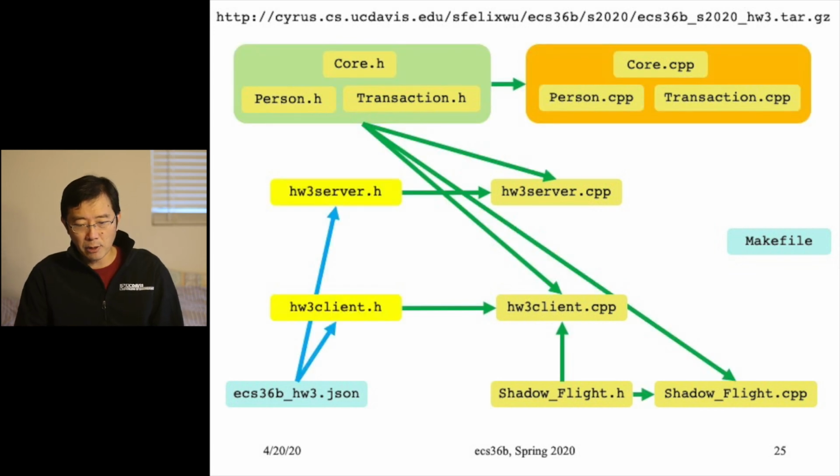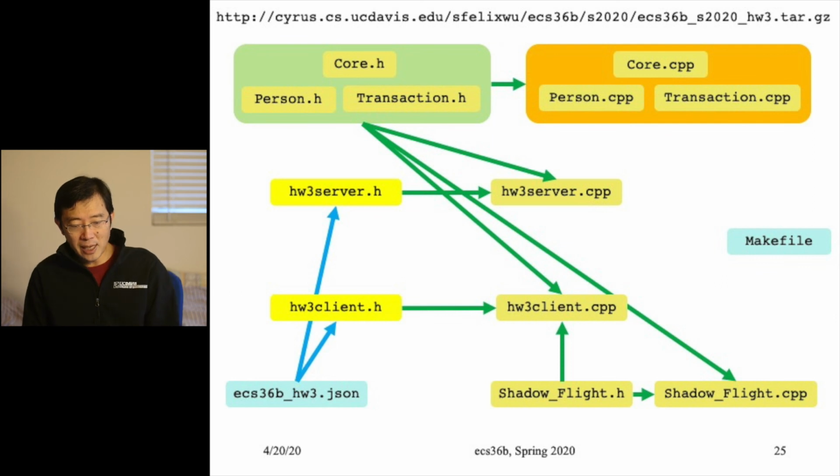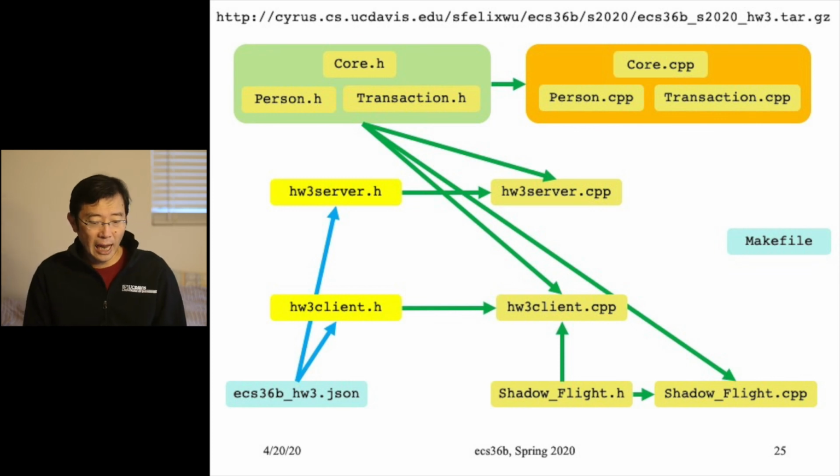The first step I want to show you is that when you type in make, the first wave of things that will happen is the blue thing. The blue link means that the ECF36B HW3.json is going to generate, using the JSON RPC stub program, HW3 server.h and HW3 client.h.